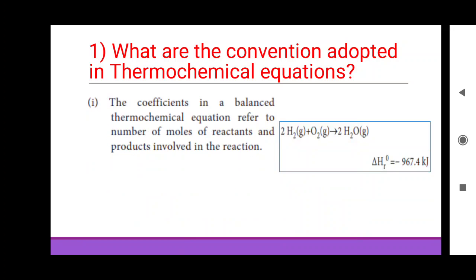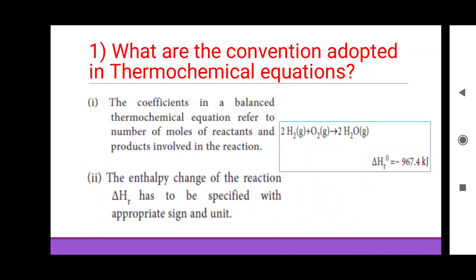Point number 1. Regarding the equation, the coefficients in a balanced thermochemical equation refer to the number of moles of the reactants and the products involved in the reaction. So when we balance the equation, 2 moles of hydrogen and 1 mole of oxygen give 2 moles of water, right?